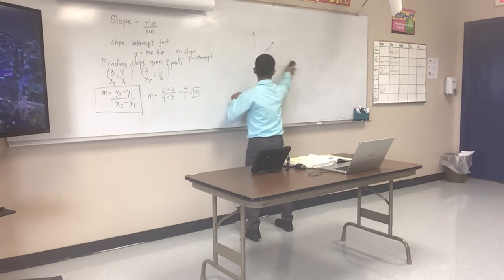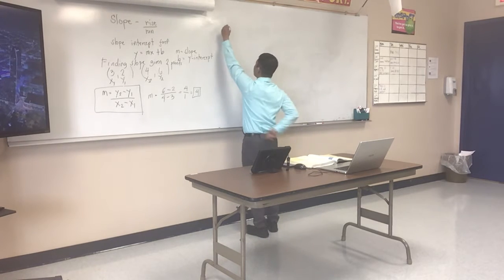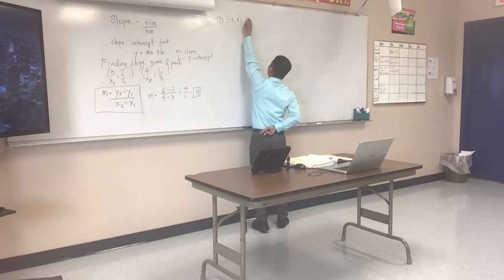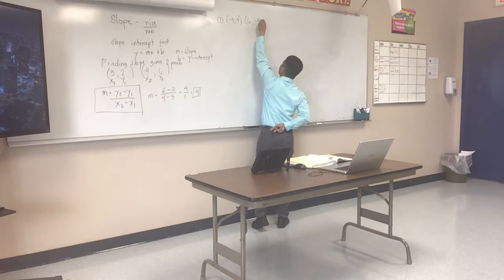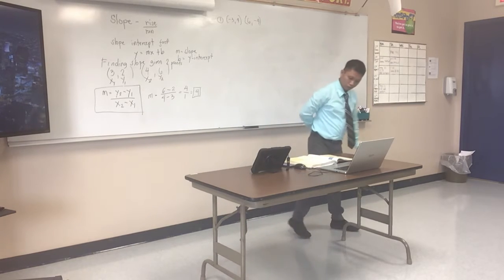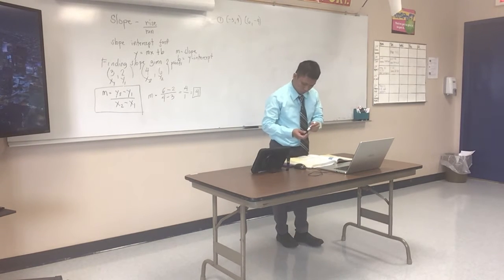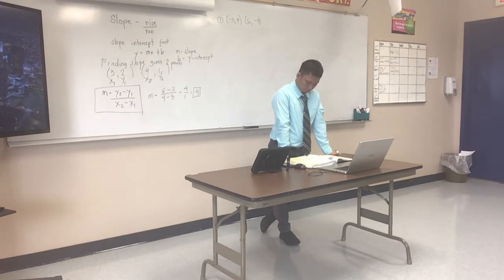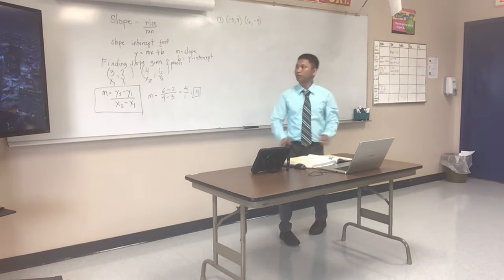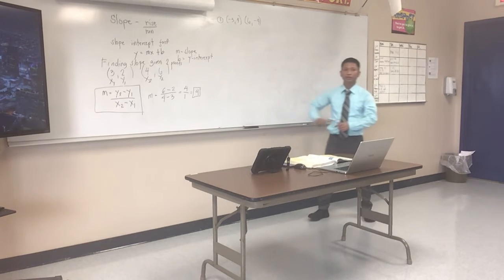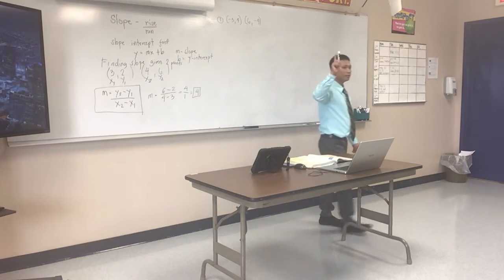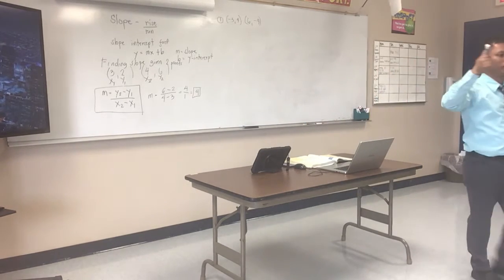What would be our slope for negative 3, 4 and 6, negative 4? Again, what is our formula for finding slope given 2 points?